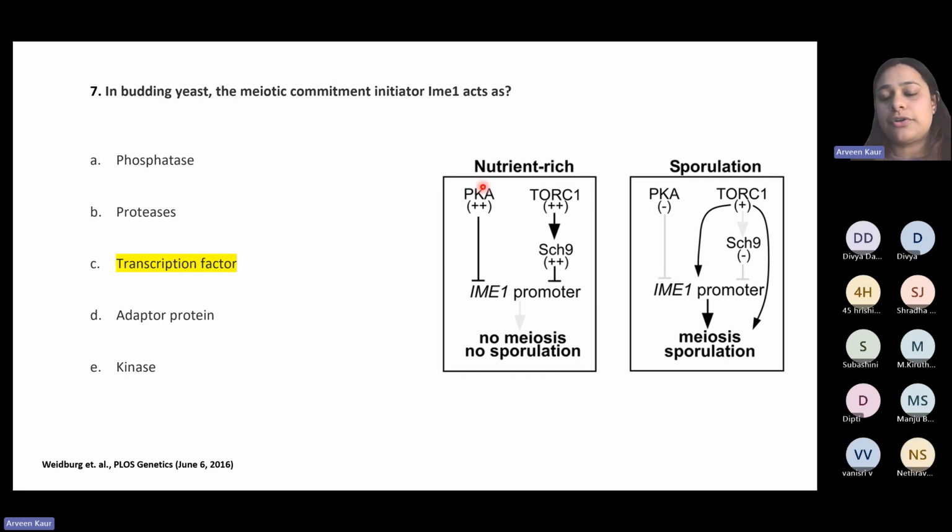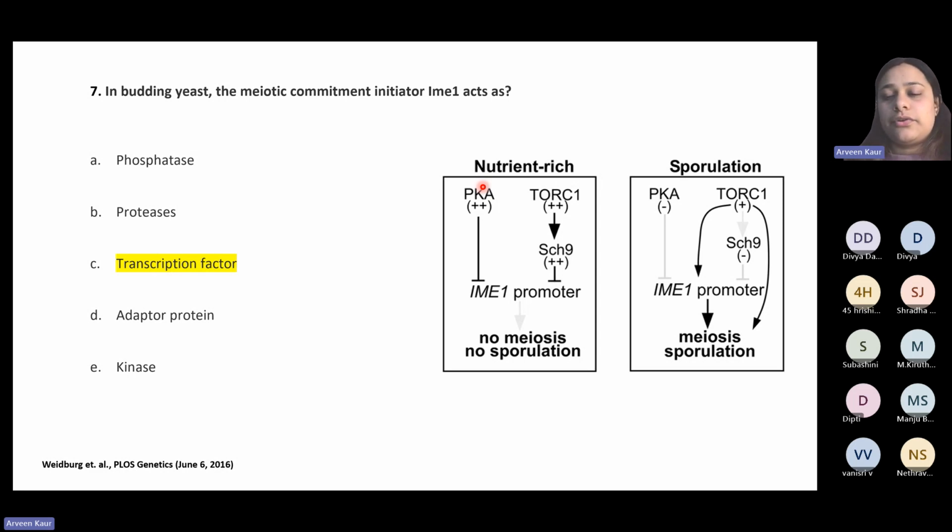Now, apart from this fact that we had discussed during our normal lectures, there was another thing I wanted to bring to your notice. Let us consider that not everybody is from a cell biology or a biotechnology background, right?